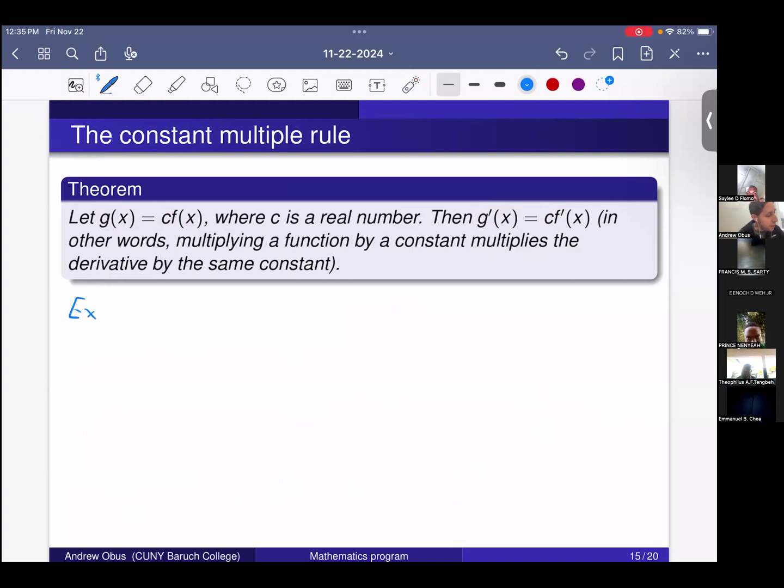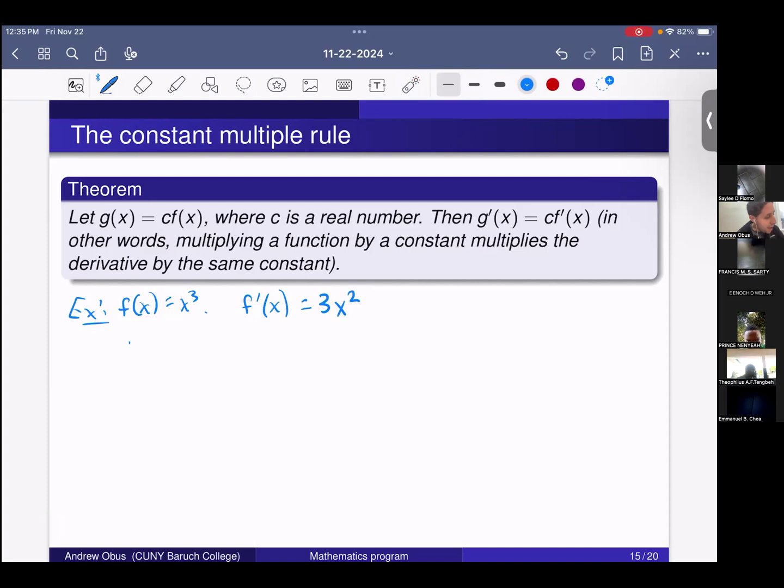As an example, let's say that we have f of x equals x cubed. That means that f prime of x, by the power rule, is going to be 3x squared, right? We bring down the 3, and what we're left with is a 2.